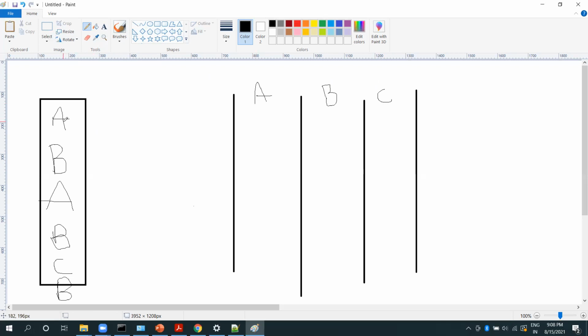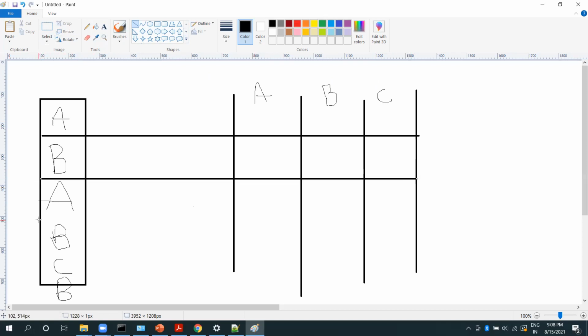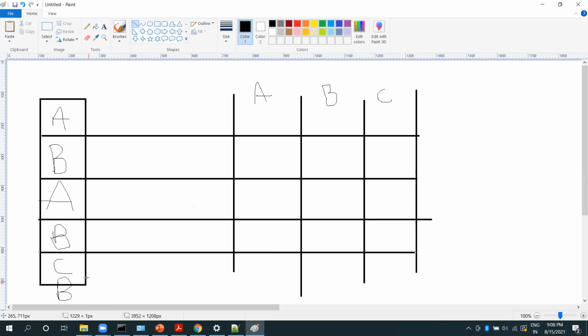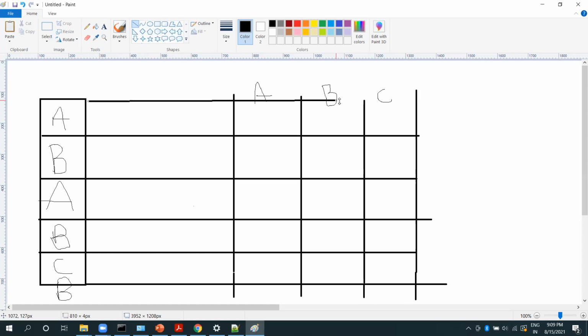I'd also draw horizontal lines so that we don't get confused. Okay, now do we have A here? Yes, we have A here. We write 1, and 0 in the others.